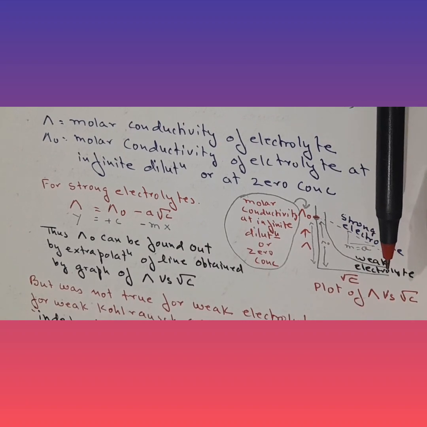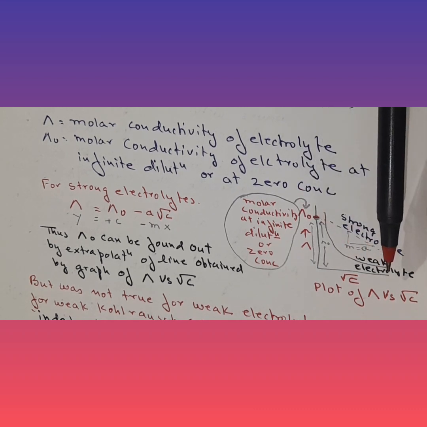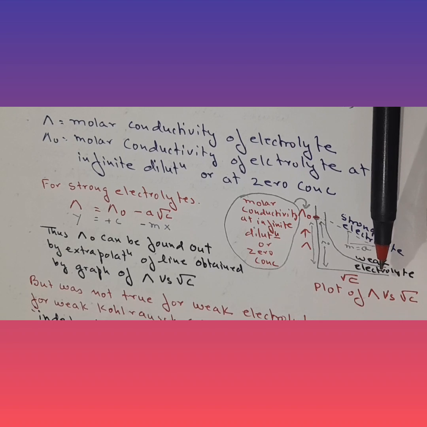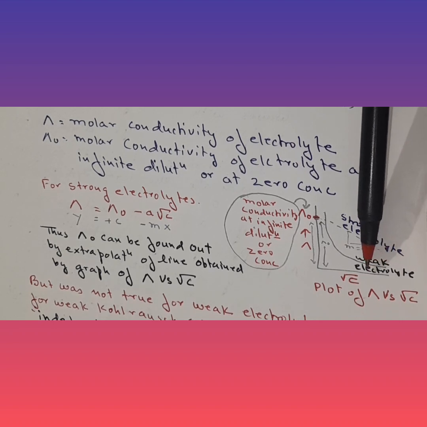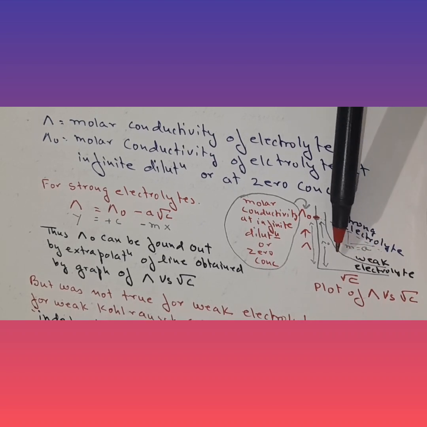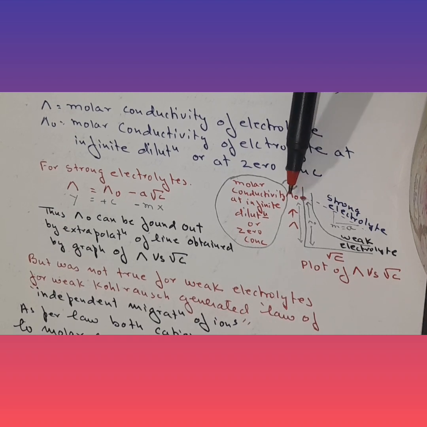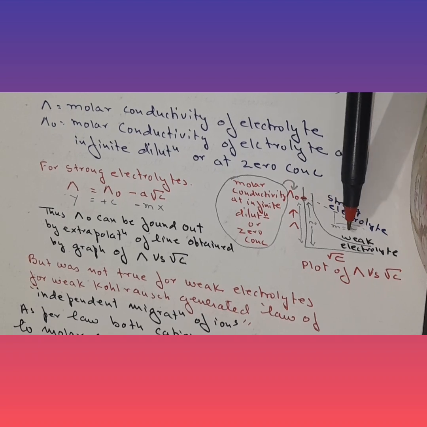But we had a problem when we tried to find lambda cap 0 for weak electrolytes. As soon as the concentration was reduced, we found there was some relationship at the initial level, but with further dilution the line became parallel to the y-axis, so it became difficult for us to determine lambda cap 0 for weak electrolytes.